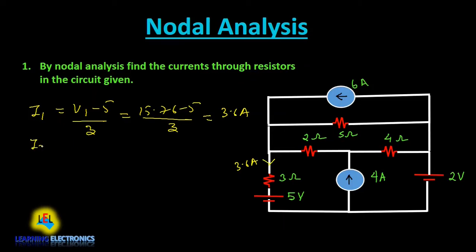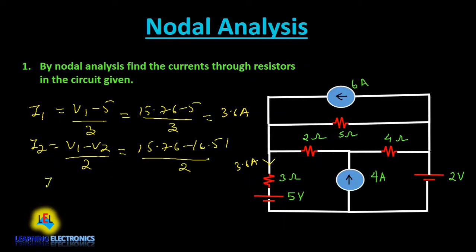Now I2 we will find out. I2 is V1 minus V2 divided by 2, which is 15.76 minus 16.51 divided by 2. So I2 will be equal to minus 0.375 ampere.